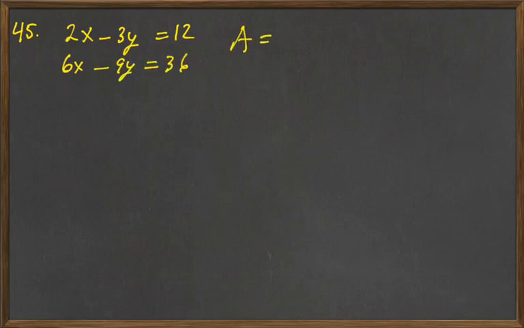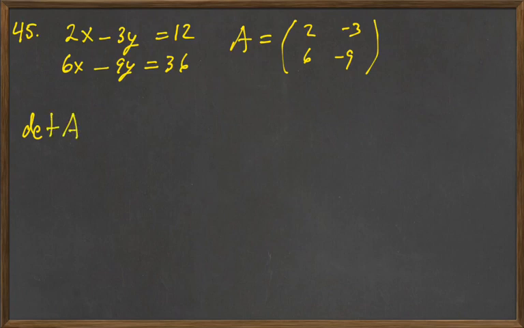And we had these ones, I think they're the same ones in the previous video where we were doing Gaussian elimination and what happened here. So here's my matrix A. It's 2, minus 3, 6, minus 9. And when I find the determinant of that, it's going to be negative 18 minus negative 18.